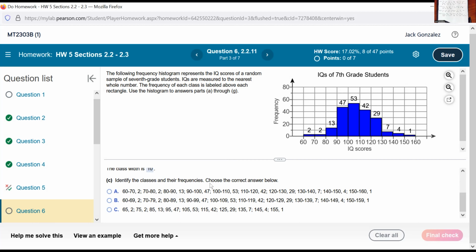C makes no sense. Looks like it might be A. That has your category and how many times you appear. This is a little different. So this one is using limits. Let's check. Let's find out.